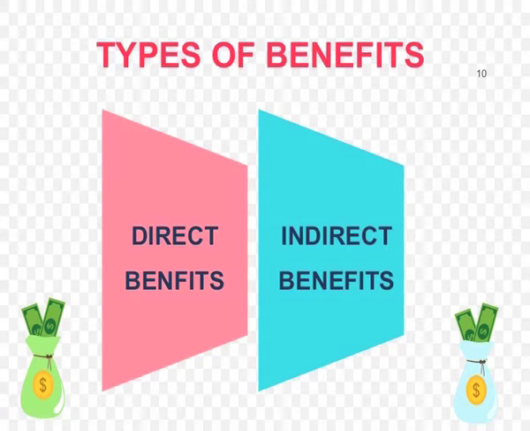There are 2 types of benefits, the direct benefits and the indirect benefits. What are the direct benefits? The employees who get the salary for working in any organization get a benefit, and that is a direct benefit.